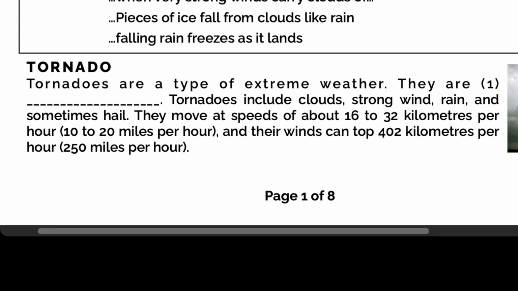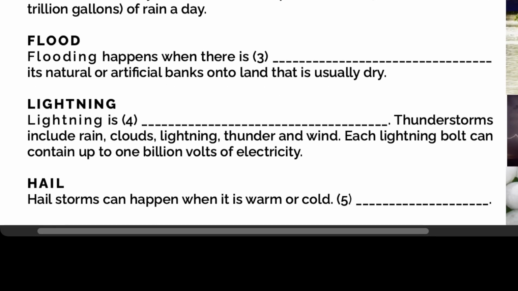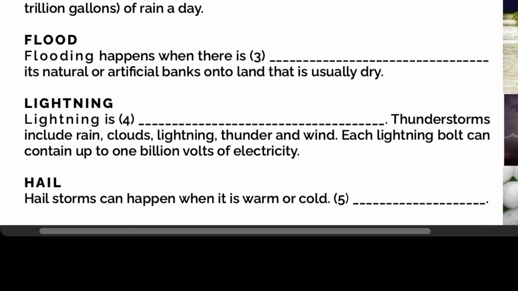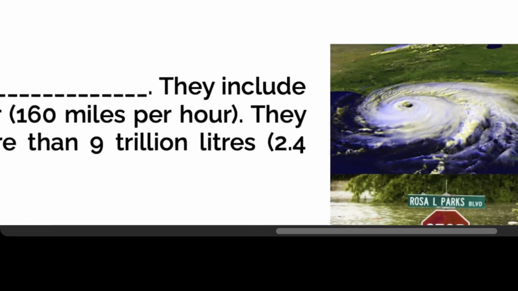So the first one is tornado, and of course in English we say tornado and not tornado, as you might do in Brazilian Portuguese. And then you have the others like hurricanes, flood, lightning, hail, and if you're not sure what those are, you can certainly use the pictures to help you.